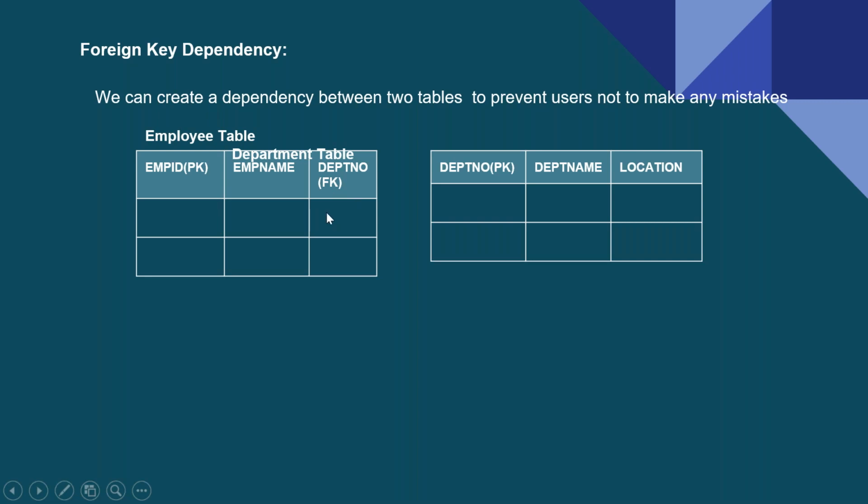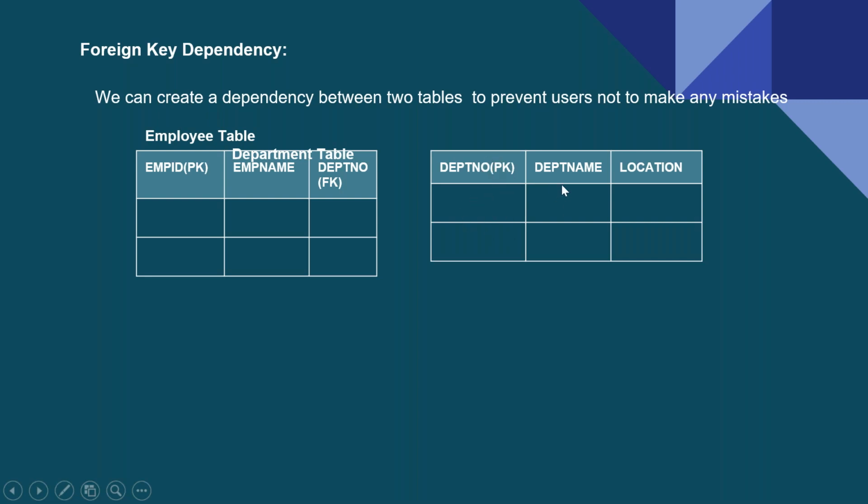Whenever I make an entry, the department should already exist in the linked table. I cannot enter a department number which is not there in my organization. In the department table, they maintain all the departments which belong to their organization. So department number is dependent on that table, which is a check table, nothing but a primary table.